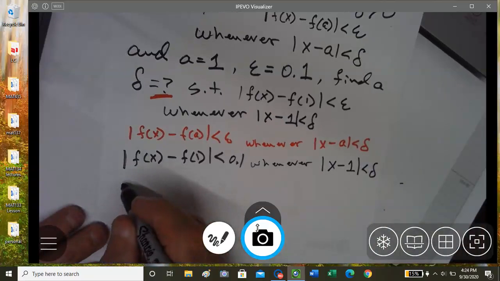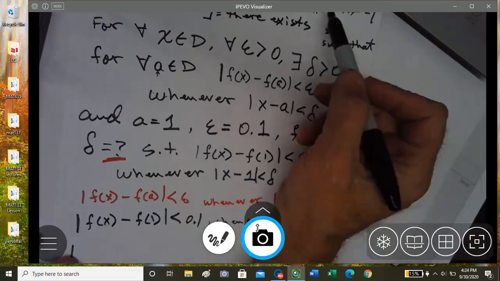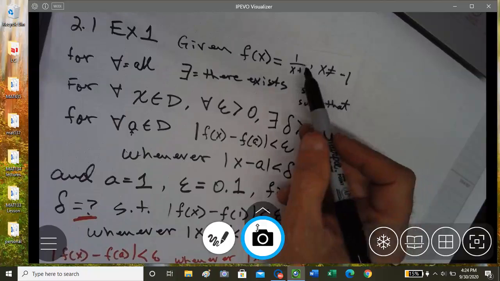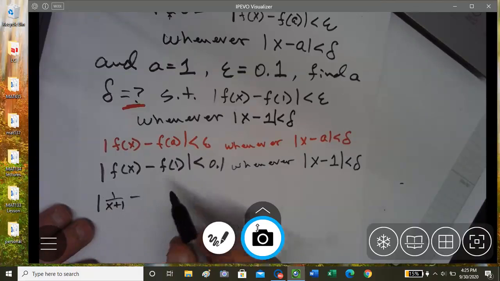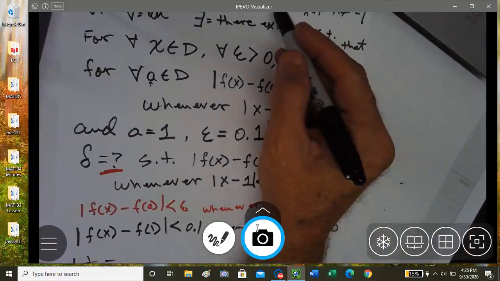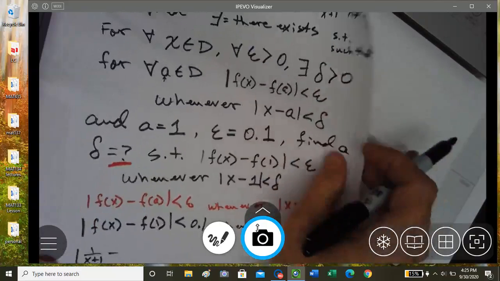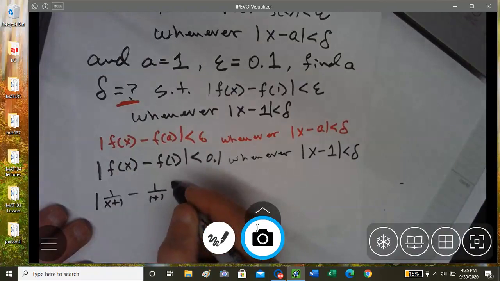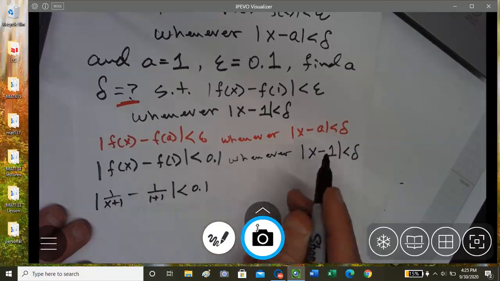Okay, so f of x is 1 over x plus 1 right here. So we put in 1 over x plus 1 minus, so if we substitute f of 1 in, we get 1 over 1 plus 1, and that's less than 0.1.